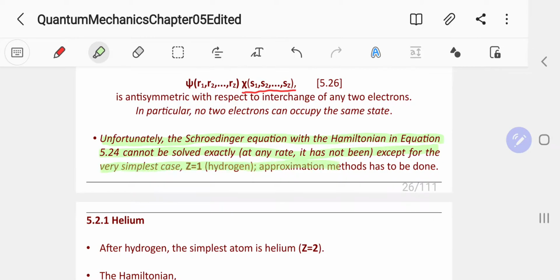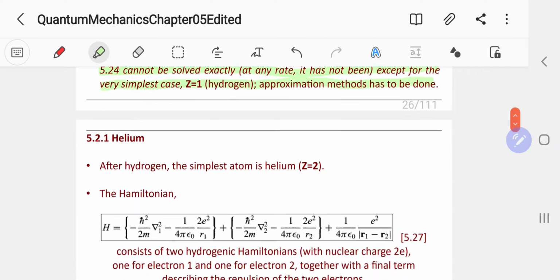In this case, you have to use some approximation methods. So let's start looking at the helium atom. We've done hydrogen in chapter 4. Let's do the helium atom.